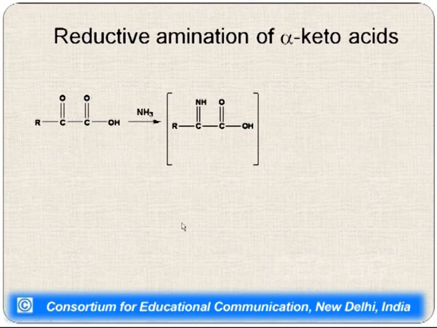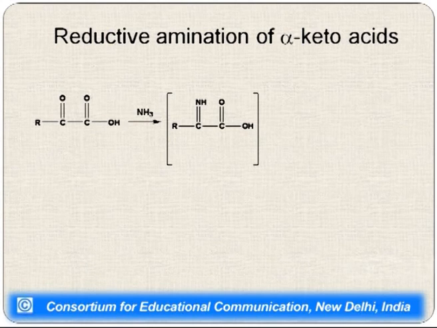Whenever a carbonyl group is reacted, you would recall that it undergoes nucleophilic addition reaction with NH2G type compounds. You must have done this at the school level also, and they give C double bond N-G type compounds.